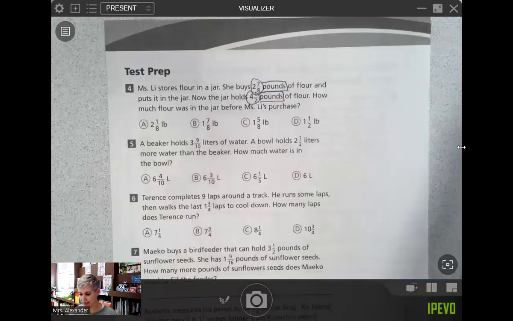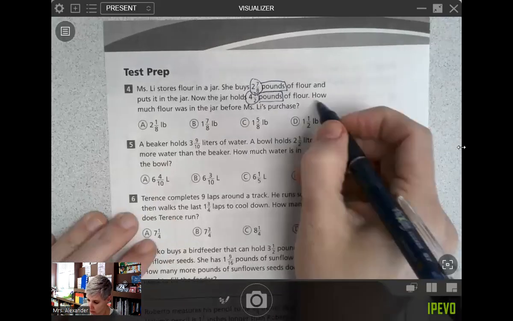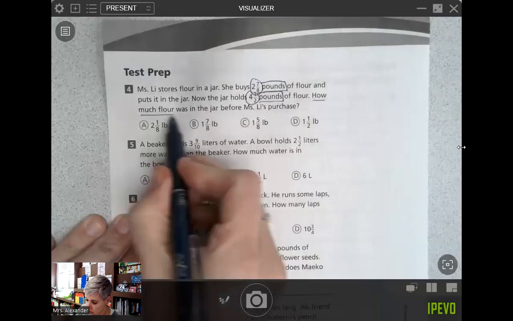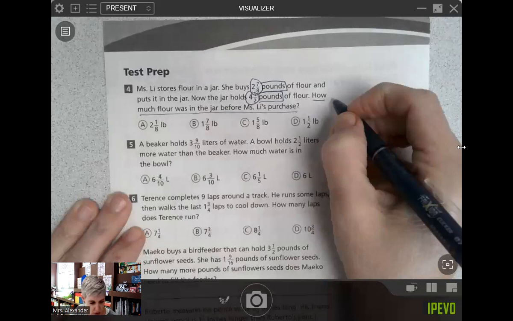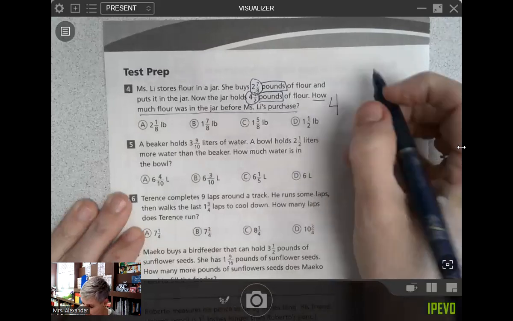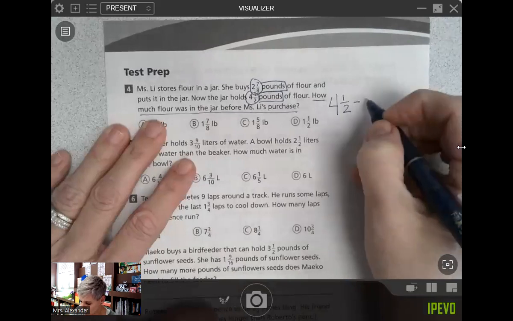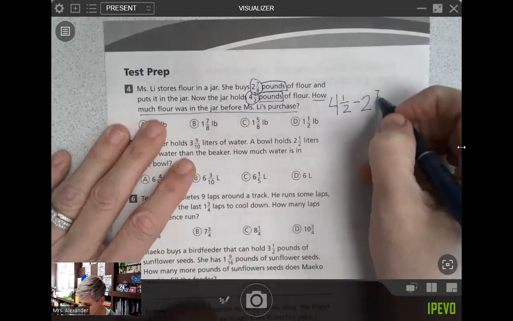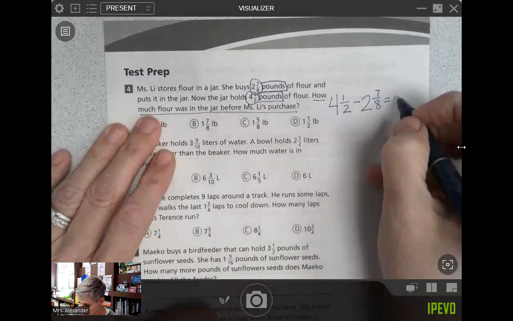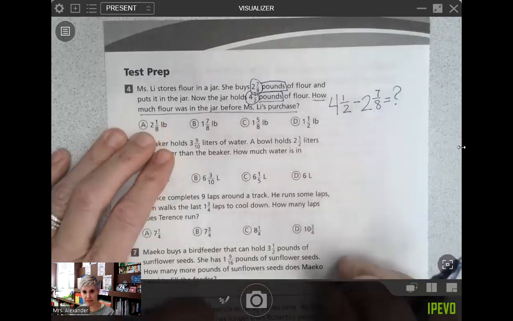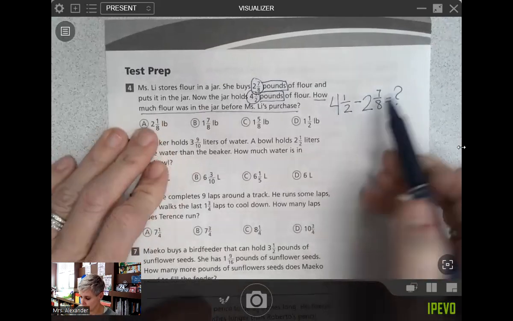So what was in there before? I know her total is 4 1/2, and if I take out what she bought and put in there, that should give me how much was in there before. So let's evaluate this.